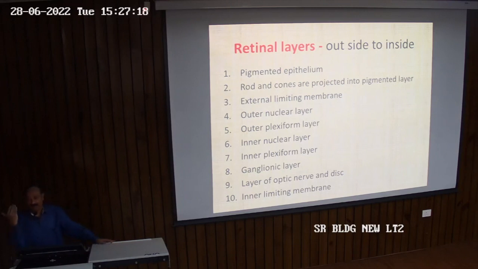When we are seeing, the first thing we see from here is the inner limiting membrane, and the last thing is the RPE. But when we describe it, the outer is the RPE and the most inner is the inner limiting membrane. So this orientation you should keep in mind.